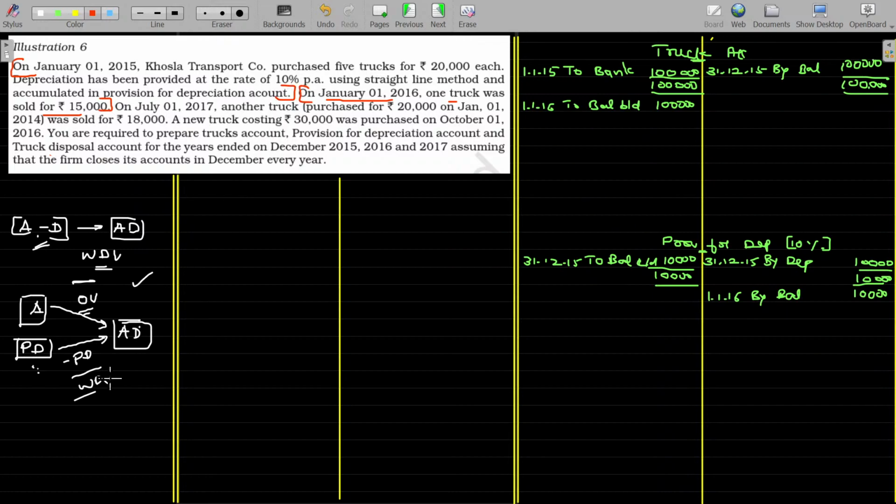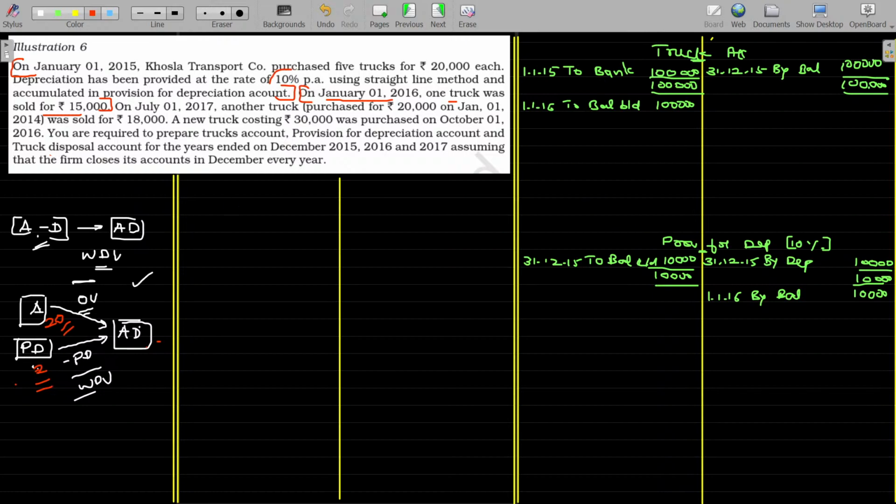If one asset is sold through the asset disposal account, remember that the asset's original value should be transferred to the asset disposal account, and that asset's accumulated depreciation should be transferred from the provision for depreciation account. For this asset, accumulated depreciation could be 2,000 rupees, because 1 year is used.